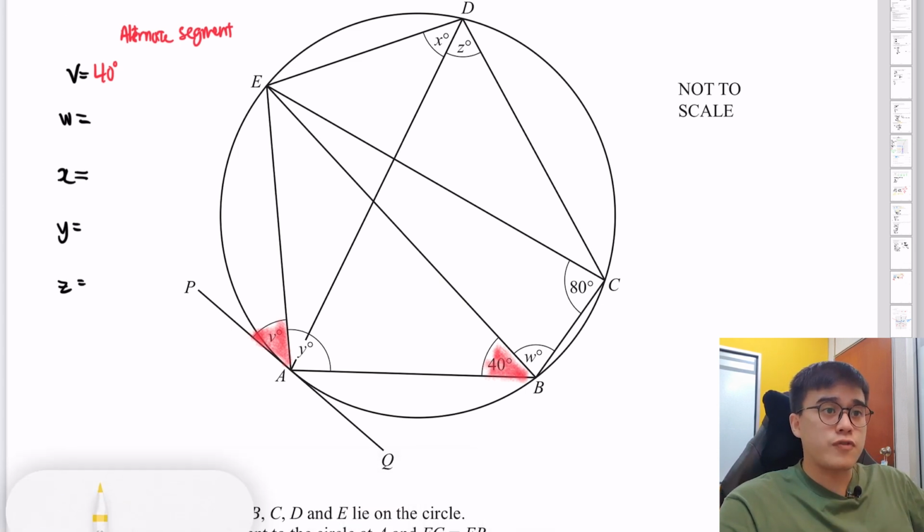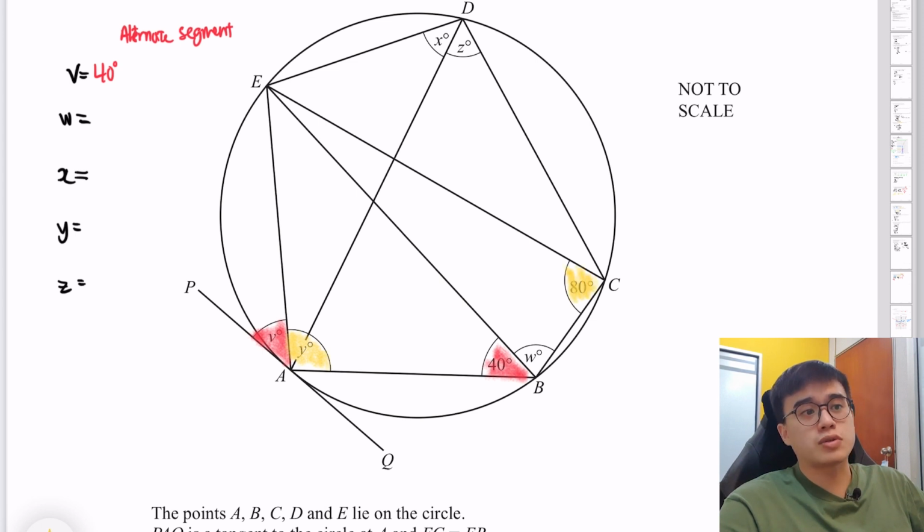So I proceed with my Y calculation where I saw a cyclic quadrilateral, because EABC will form the quadrilateral and the opposite angles add up to 180. So y plus 80 equals 180. My y will be 100 because of the cyclic quadrilateral rules.